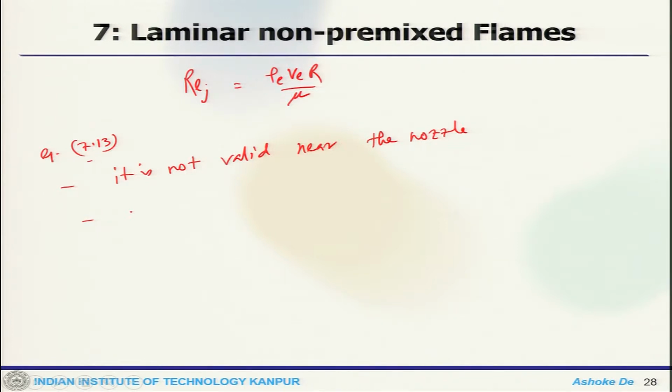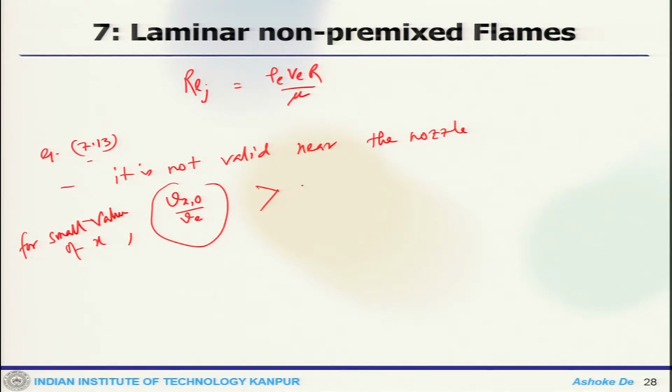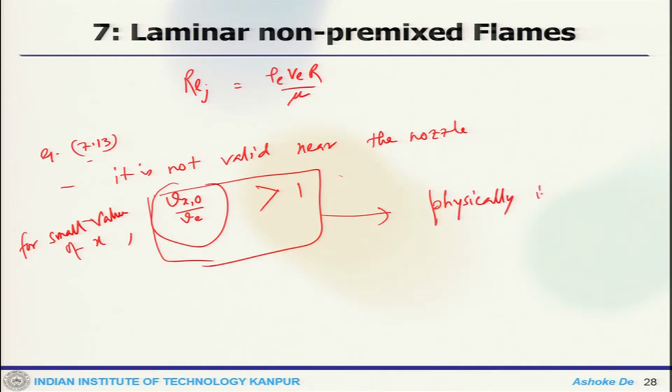Because at small values of x, the dimensionless center line velocity becomes greater than 1, and this is a condition which is physically impossible.